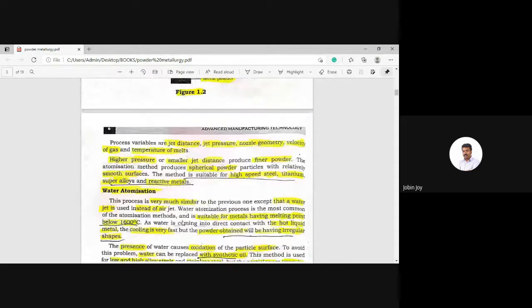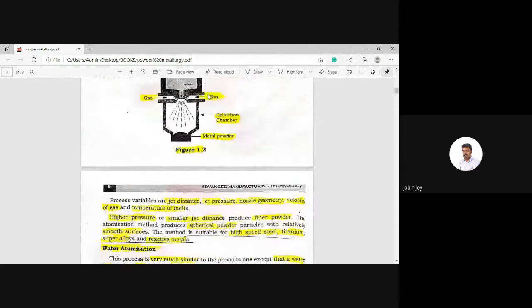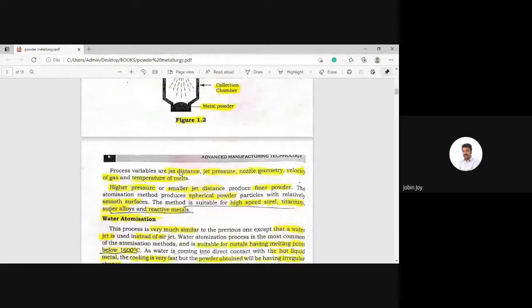The process variables are the jet distance, jet pressure, nozzle geometry, velocity of gas, and temperature. The jet means this high pressure gas. So the jet distance and pressure of the jet, the nozzle geometry, the velocity of the gas, and the temperature are the process variables. Higher pressure or smaller jet distance produces finer powder.